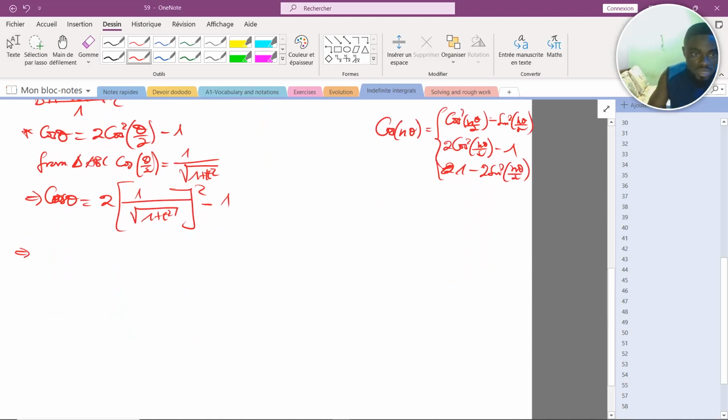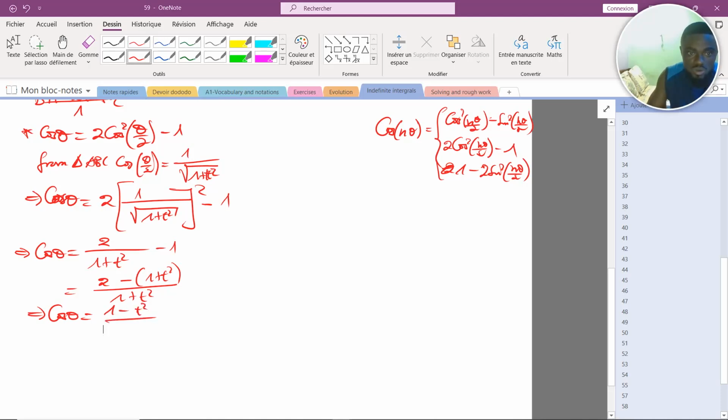So this implies our cos theta will be equal to 2 all over 1 plus t squared minus 1. So this will be equal to 2 minus 1 plus t squared all over 1 plus t squared. So this implies cos theta will be equal to 1 minus t squared all over 1 plus t squared. So that's our cos theta.